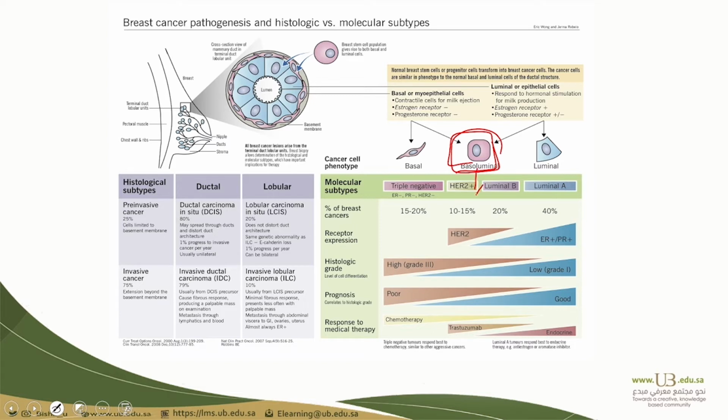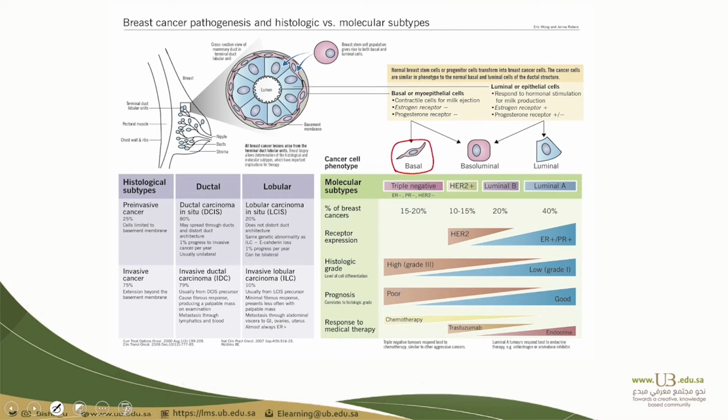This type has a specific feature, which is HER2 receptor positive, and this represents around 15% of the malignancy of the breast. It is in between regarding the grade of the tumor, and in between regarding the prognosis, and it responds to trastuzumab and slightly to chemotherapy.